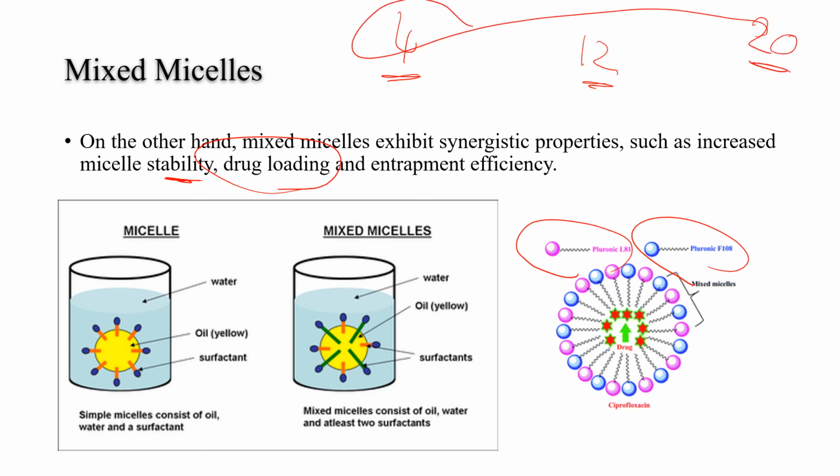We can mix them together by different ratios to offer this HLB, which is ideal for drug solubilization and encapsulation. This is why, if we use mixed micelle, or more than one type of surfactant, we can control the HLB to best fit the drug need.